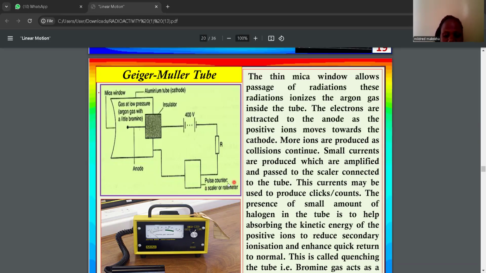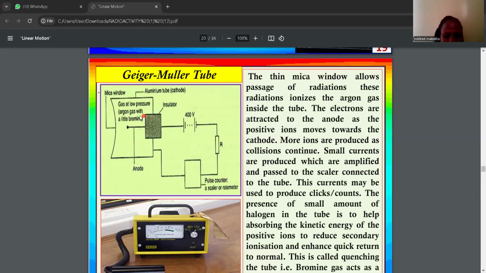Such counts are actually known as the background counts, and they result from background radiations. Later on, I'll explain something to do with background radiation. But if there are no background radiations and they happen to place a source that is not radioactive before the Mica window, there will be nothing registered on the pulse counter.